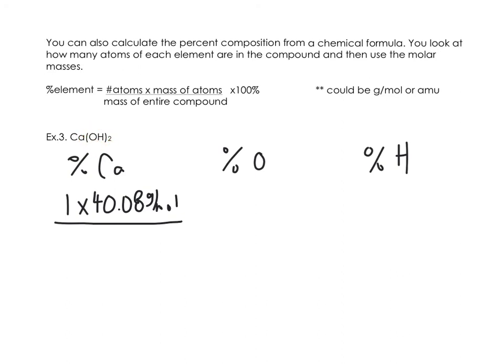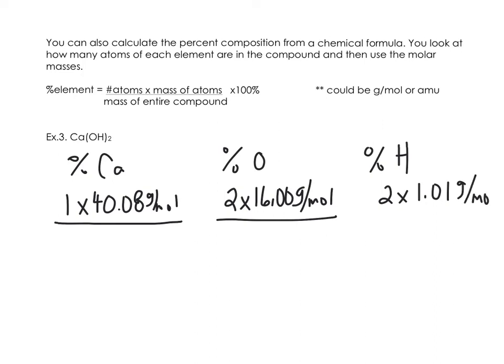There's 2. So 2 times the molar mass of oxygen divided by the molar mass of the entire compound. And the same thing for hydrogen. There's 2 hydrogens. The molar mass is 1.01. So we have to divide each of these by the molar mass of the entire compound and multiply by 100%.